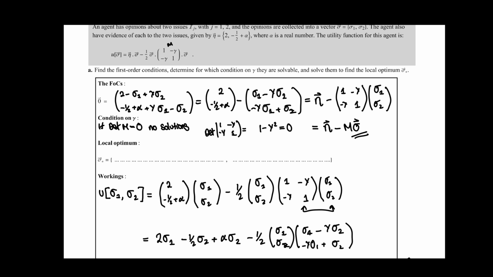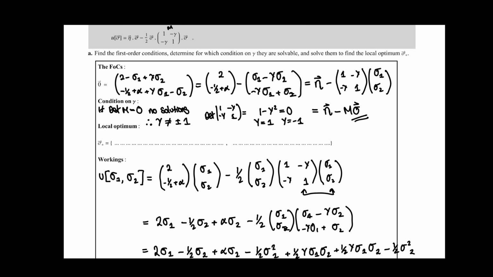So that means we get two solutions: y is equal to 1 and y is equal to minus 1. So if I write this over here, therefore y cannot be equal to plus or minus 1, because if that is the case, the determinant is 0, and hence there will be no solutions.